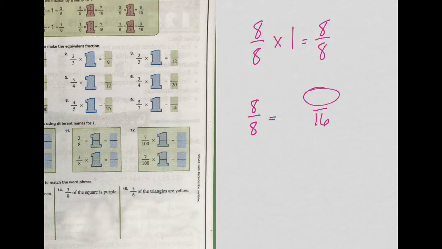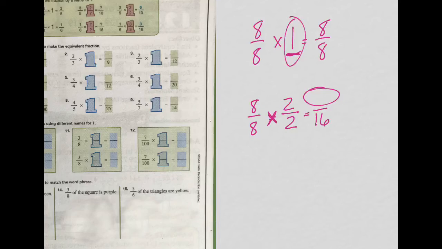Well, because we know we have to multiply by 1, we need to figure out 8 times what equals 16. Okay, well, the answer would be 2. And remember, we need to multiply by 1, so it would be 2 halves.